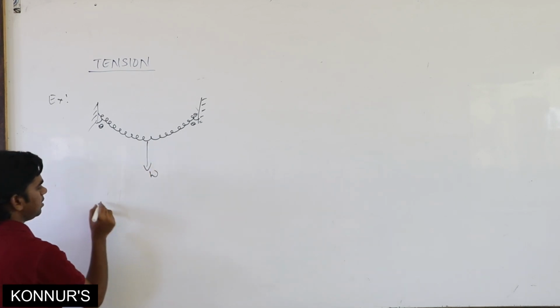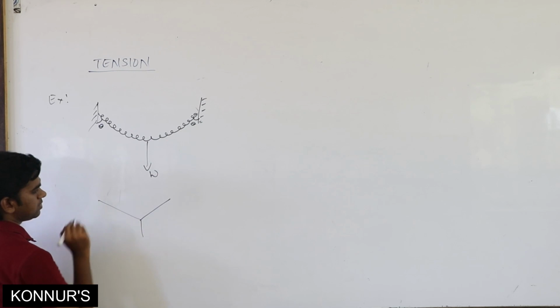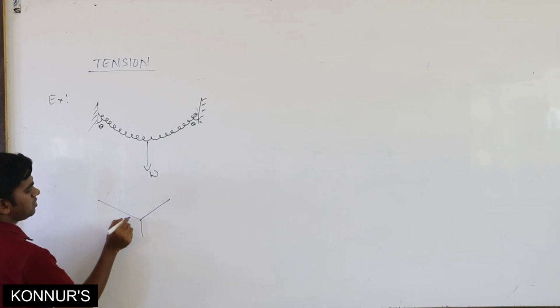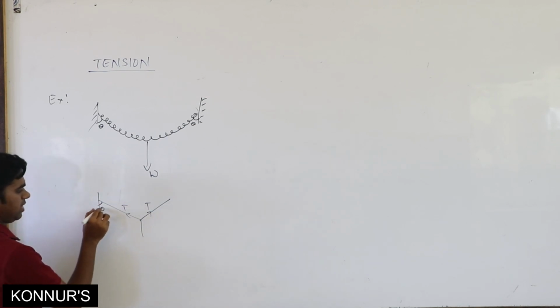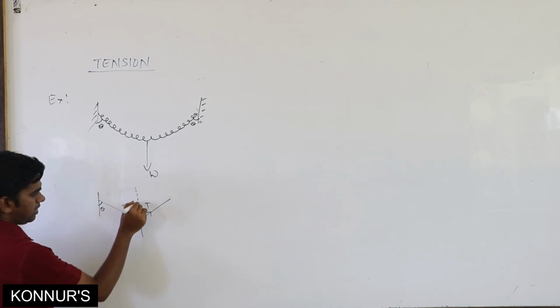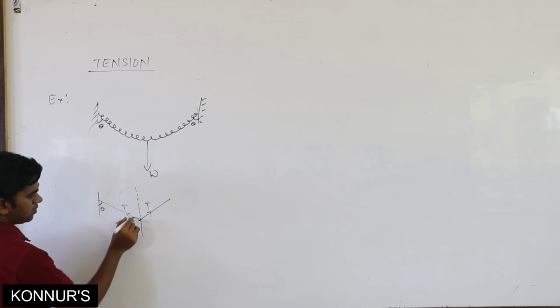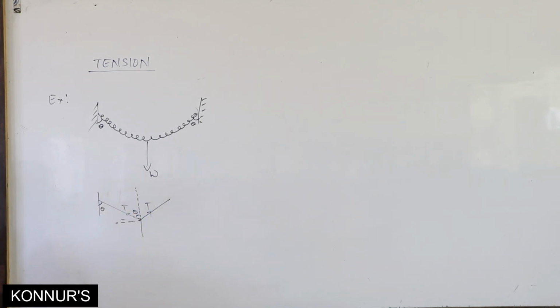If I draw this here, it is like this. So where will the tension be? The tension is here. Here it is making angle theta, and this is also going to be angle theta.